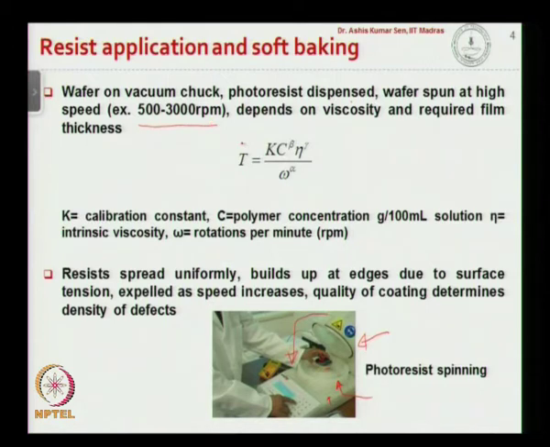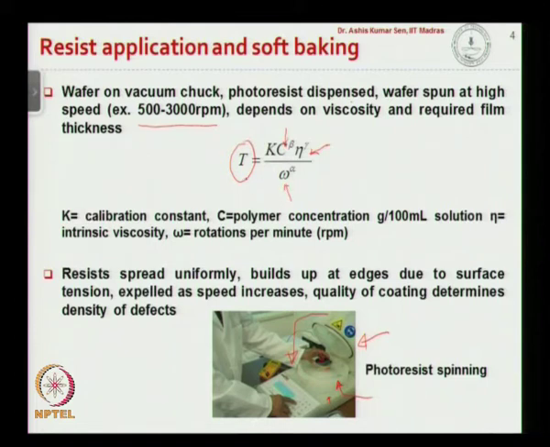So this is the thickness of the photoresist, which is dependent on the concentration of the polymer, the photoresist, and the viscosity, and it is inversely proportional to the rotational speed.